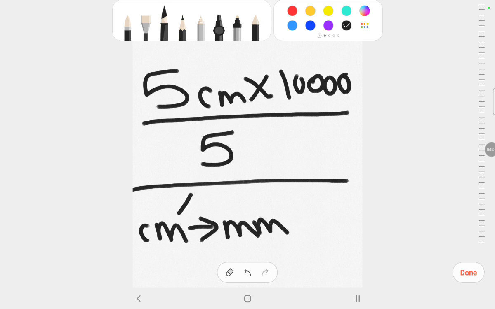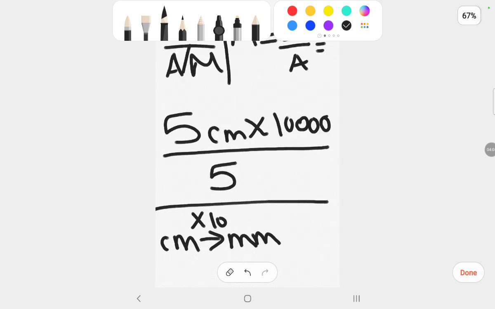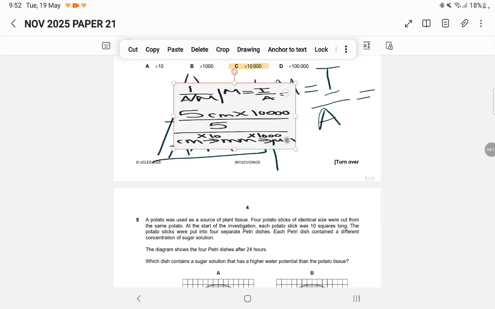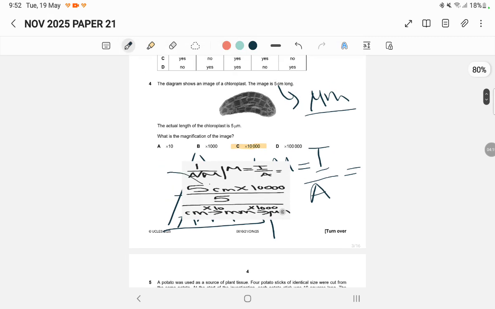And for millimeter to be converted into micrometers, I need to multiply by 1000, so a total of 10,000. So we multiply that 5 centimeter with 10,000. This is just an explanation here for you to memorize it and understand it as well.